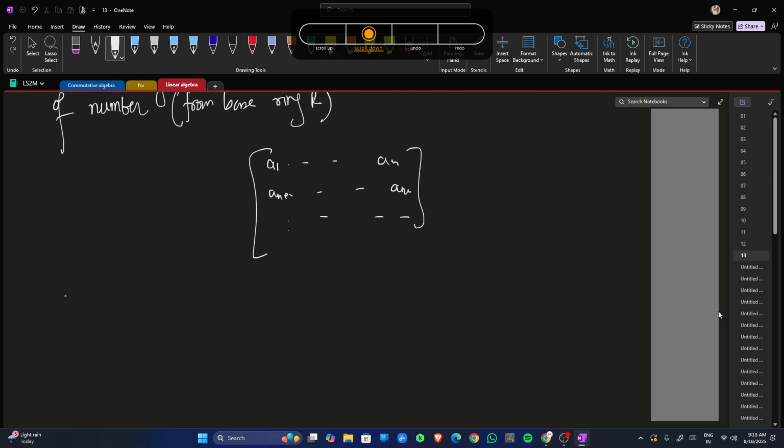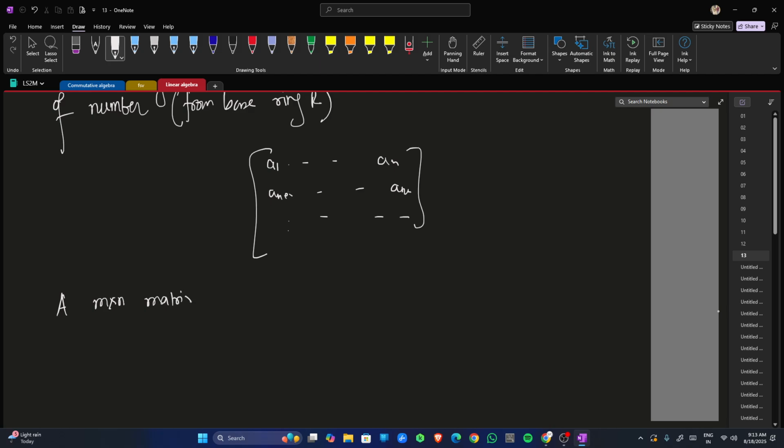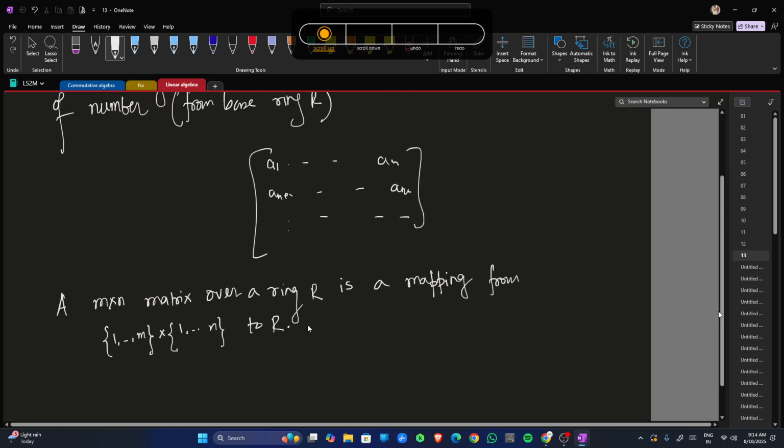It is basically an m cross n matrix over a ring R is a mapping from something to R. Okay, so this is not a very formal conversation.